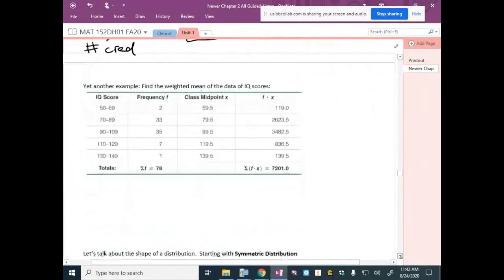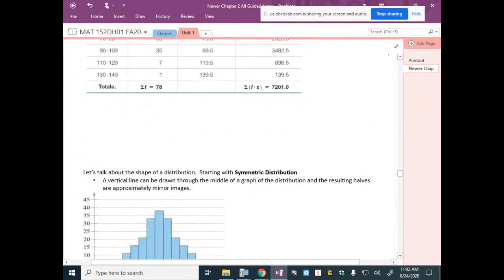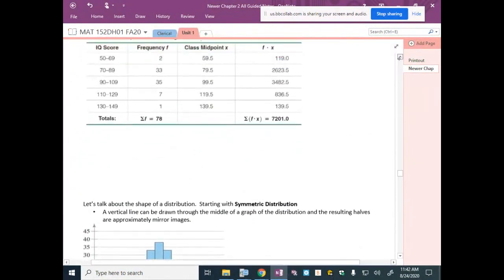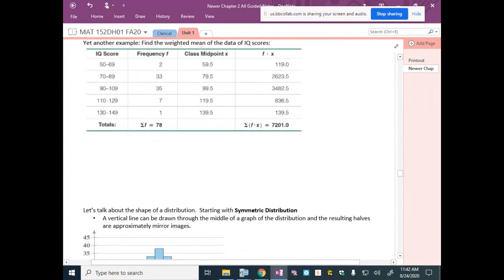So we could find the weighted mean here. I'll give you a minute to figure that out. Yes, calculating your grade average here would be much simpler because we don't do plus minus grades.